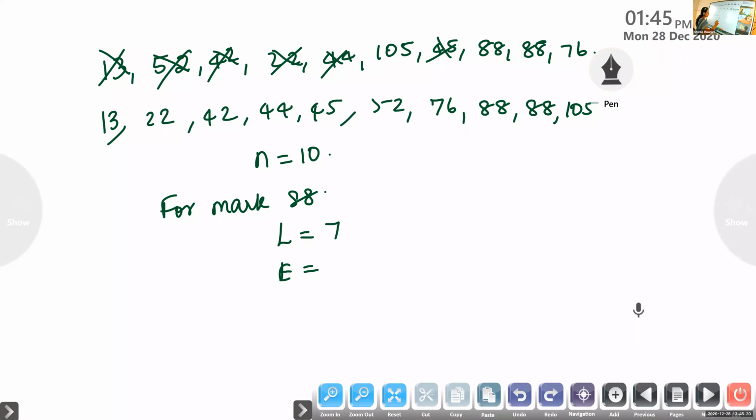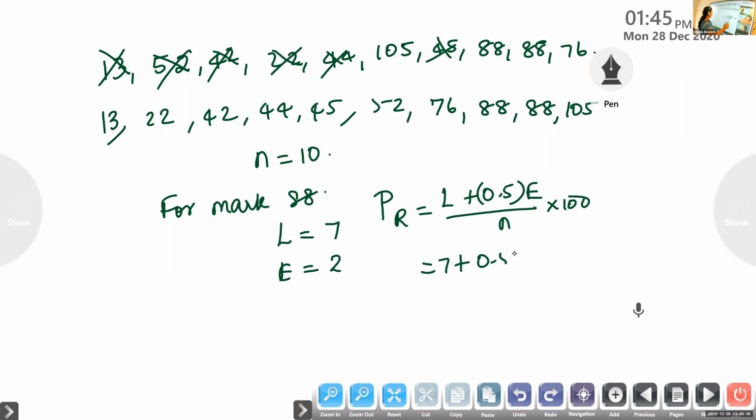And E is 2. Now apply the formula. Percentile rank is equal to L plus 0.5 E by N into 100. So it is 7 plus 0.5 into 2 by 10 into 100. The 10 will get cancelled. 7 plus 1 is 8, 8 into 10 is 80.